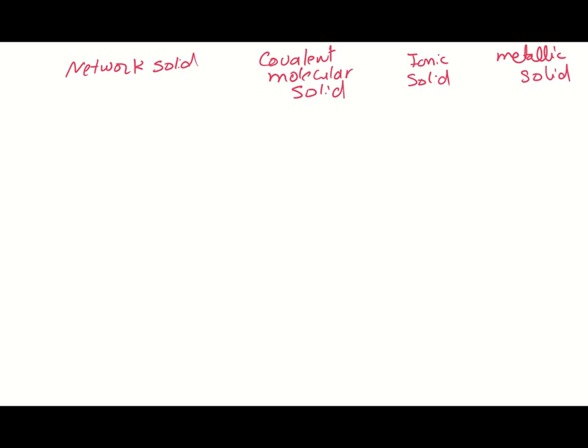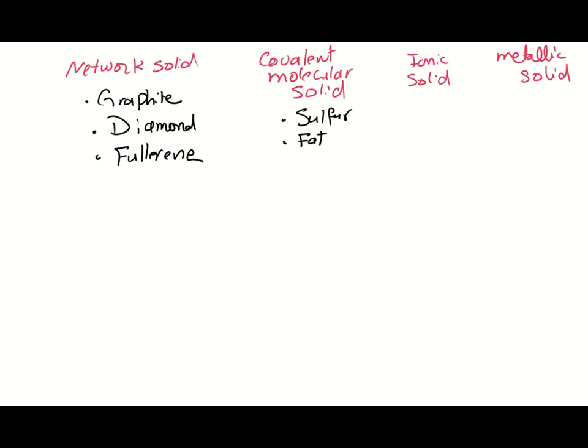Network solid, this is like graphite and diamond and fluorine. Covalent molecular solid like sulfur, like fat or butter, like sugar. Ionic solid like any ionic compound, for example sodium chloride. While metallic solid like any metal, for example sodium or iron.